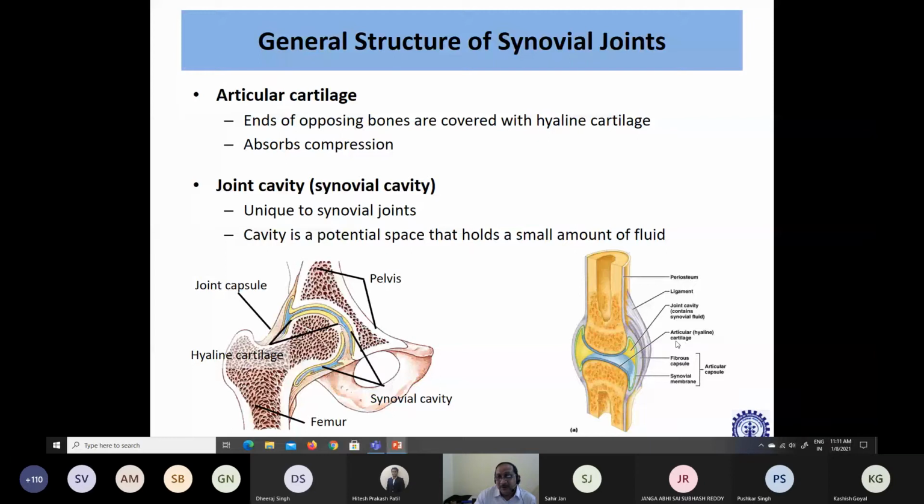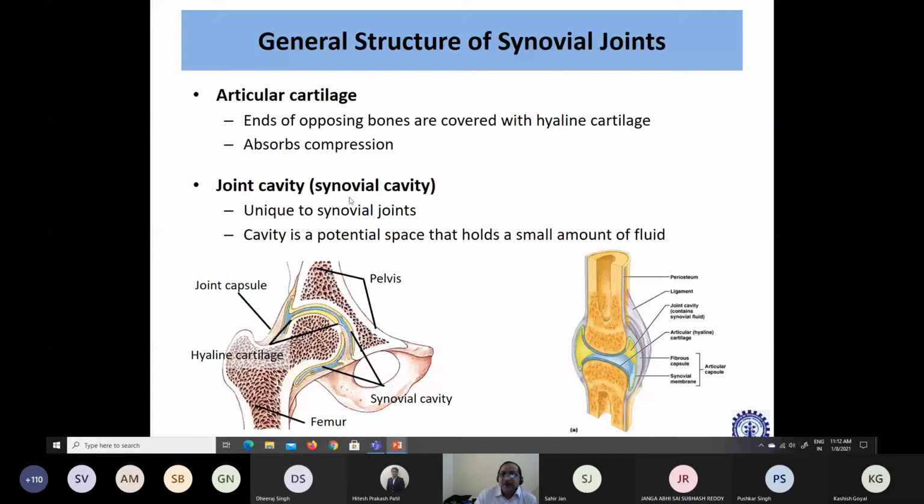So articular cartilage at both the ends of the opposing bones. And the function of this articular cartilage is that it absorbs compressive loads, and it also takes into account some amount of impact loads.